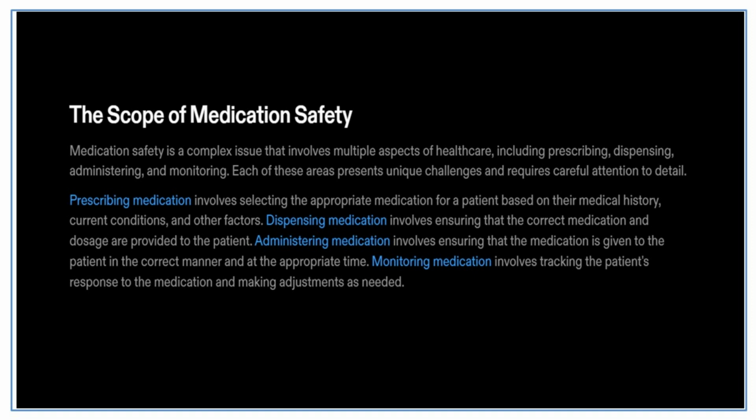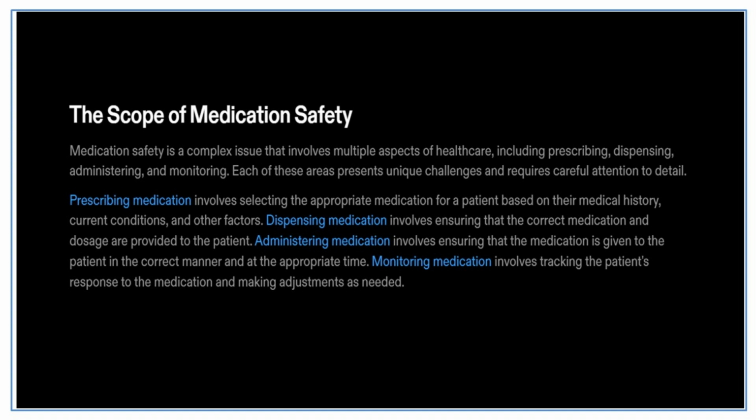So what is the scope of medication safety? We know that there are various areas where safety can be improved. It starts from prescribing the medication, where selection of the appropriate medication for the patient is based on medical history, current condition and other factors. Then we go down to dispensing, which involves ensuring that the correct medication and the correct dosage are provided to the patient.